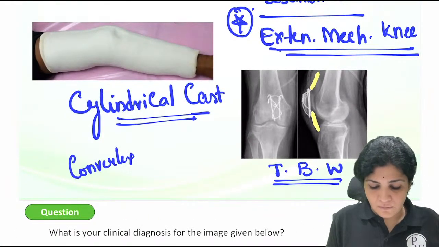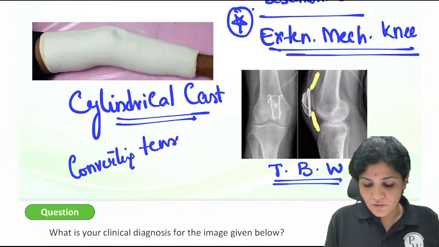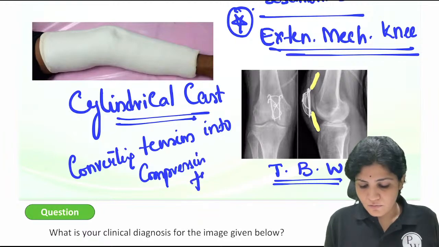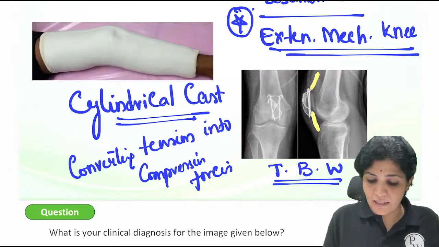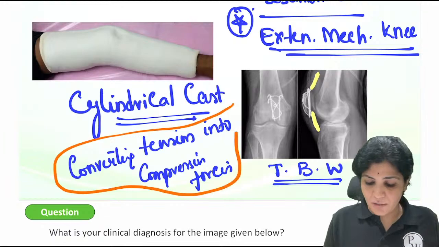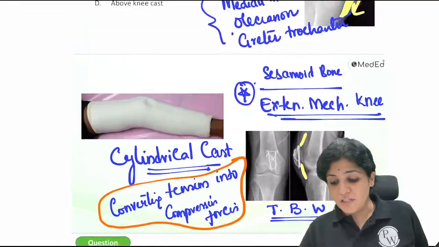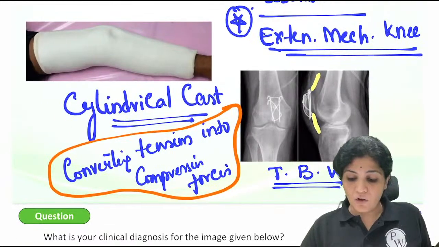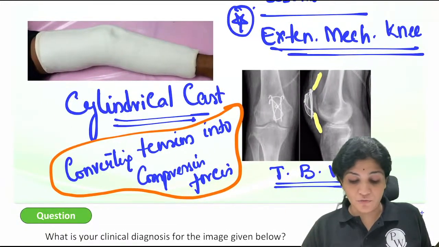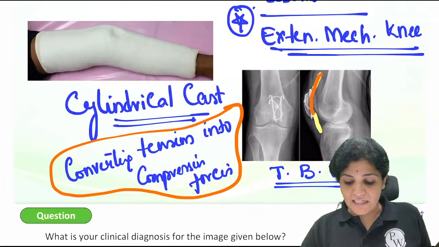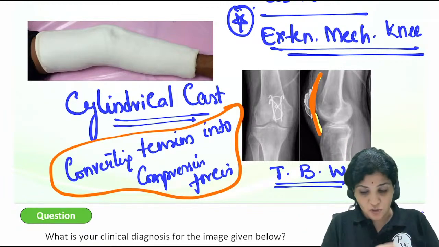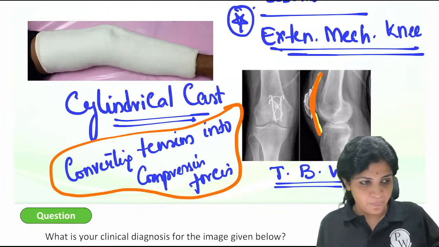Converting tension forces, that is pulling forces, into compression. Understood? So this is the principle of tension band wiring. So before it was tension, so it's pulling upward and downward. Now it is combination, like we have combined the two fragments, so now this will act as one unit. So we are converting the tension forces into compression forces.